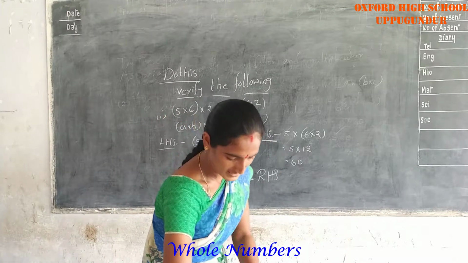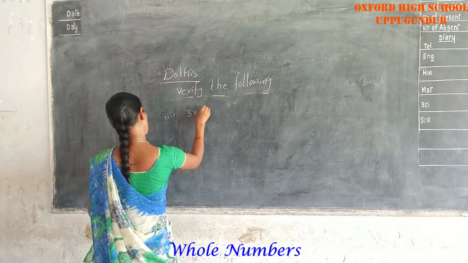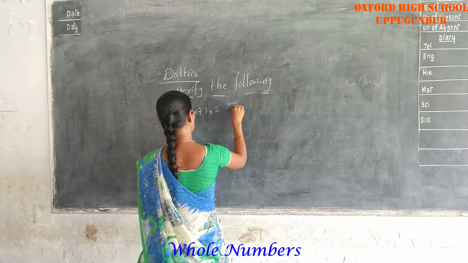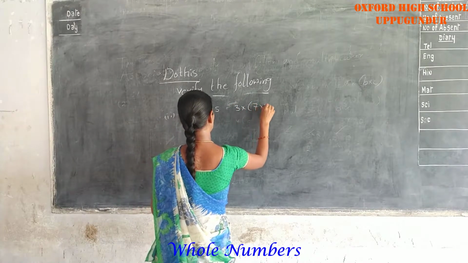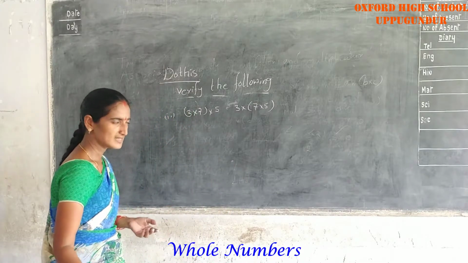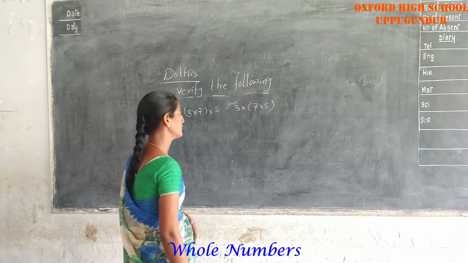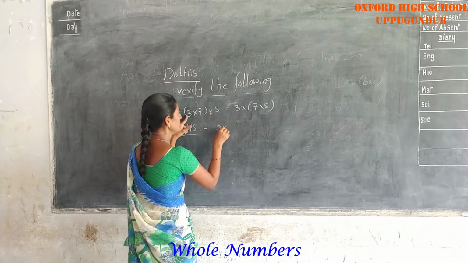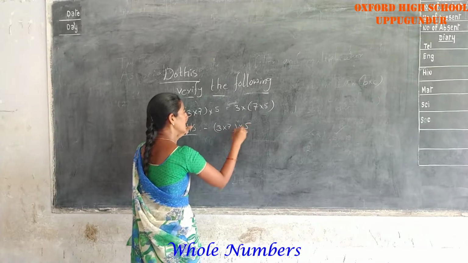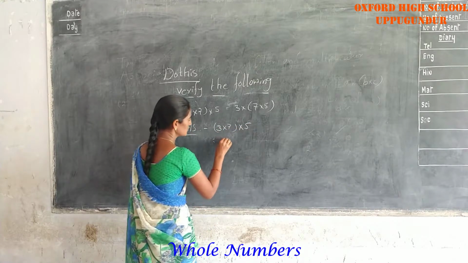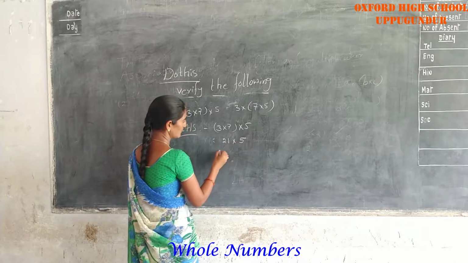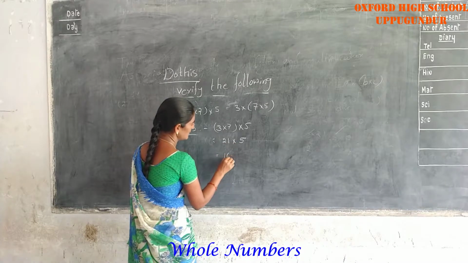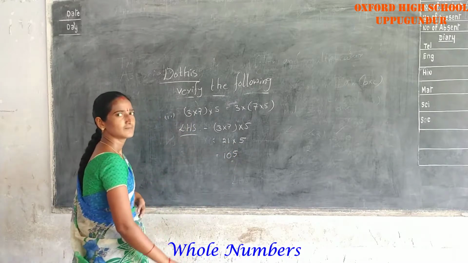Next, second problem. 3 into 7 into 5 is equal to 3 into 7 into 5. Same order. LHS value: 3 into 7 into 5, that is equal to 3 sevens are 21, into 5, that is equal to 21 fives are 105.